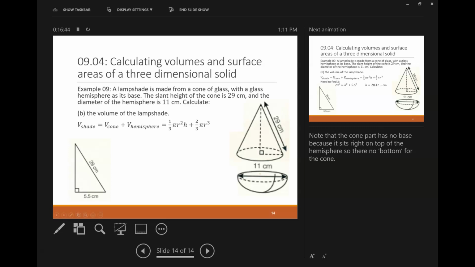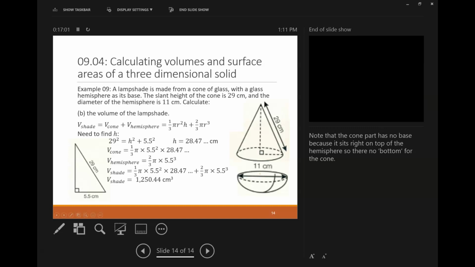So for the cone's volume, I need to figure out the height. So I took this triangle and I'm going to calculate the height. That's all that I need though, everything else I have. So if I plug in the numbers for the cone and the hemisphere, and then add them up, I get about 1250 and change.